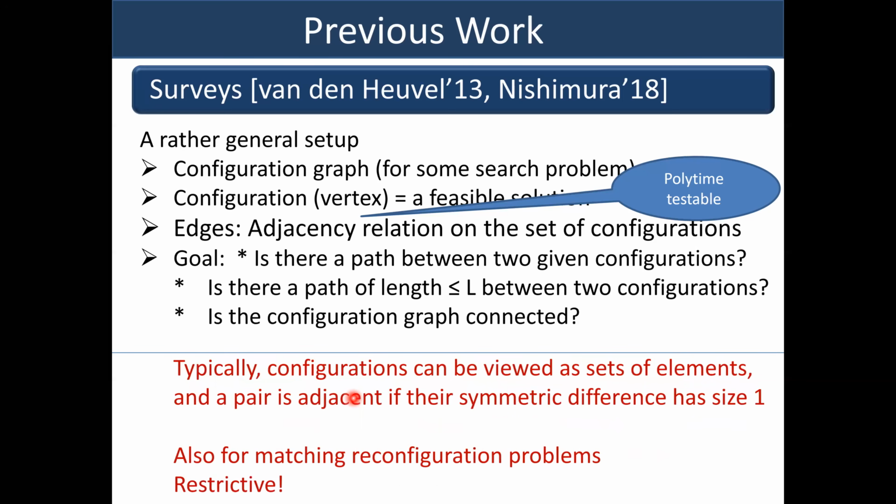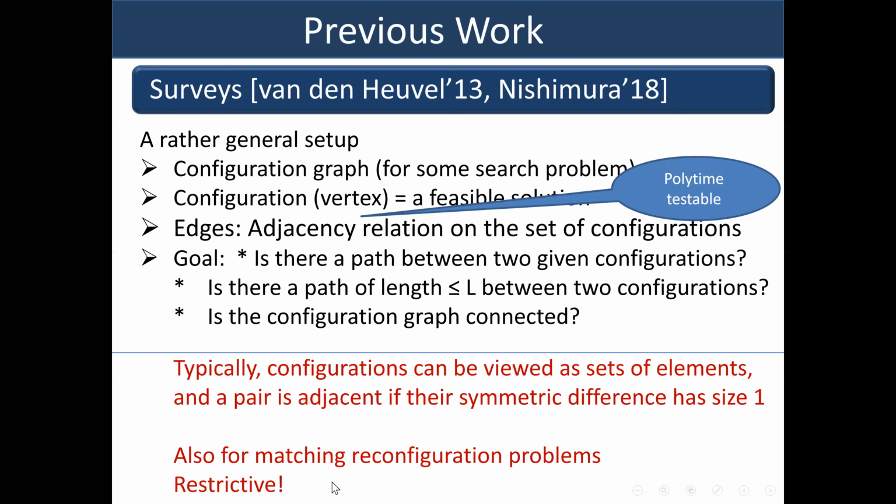Now, if you think of a configuration as a set of elements, which is something that you can almost always do, then typically a pair of configurations is defined to be adjacent if their symmetric difference is precisely 1.